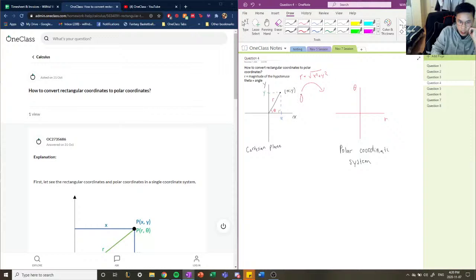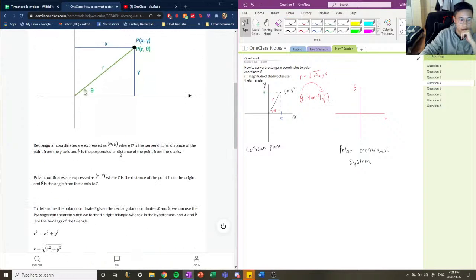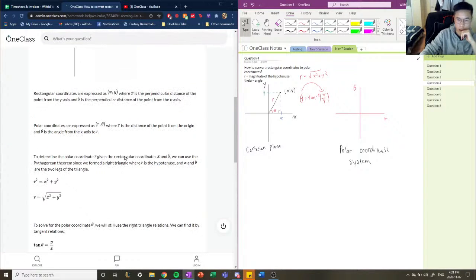So theta is related by tan inverse of opposite over adjacent. Sorry, it's y over x. Okay, so our angle is defined as tan inverse of y over x.